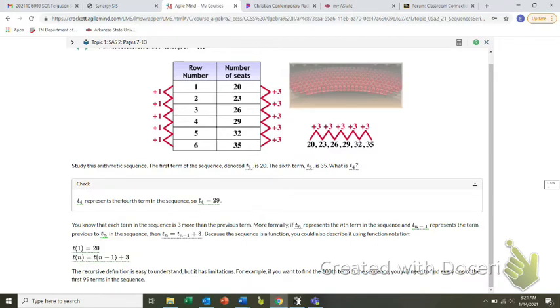Nothing is changing. You just have to know that if you see that n minus 1, you have to know all of the terms that come before it. So like it says, if I want to find the 100th term of the sequence, then we are going to need to find every one of the first 99 terms before we can find that 100th term. Okay?